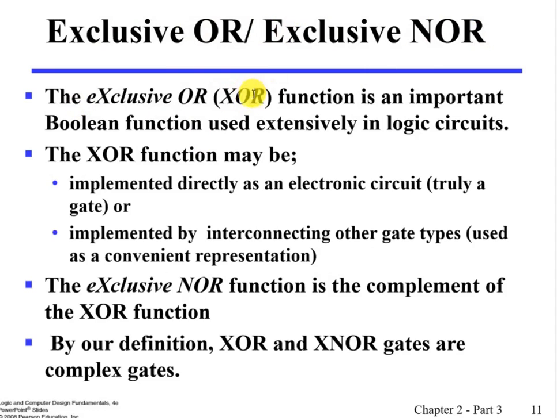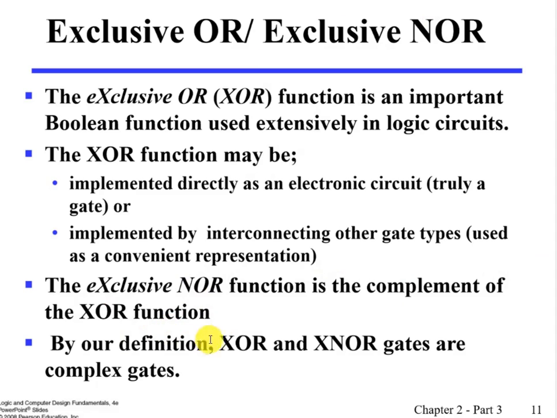It's also called XOR in short. It's a Boolean function that is widely used in logic circuits. The exclusive OR function may be implemented directly as an electronic circuit, as a true gate, or implemented by interconnecting other gate types. The exclusive NOR function is the complement of the exclusive OR function.